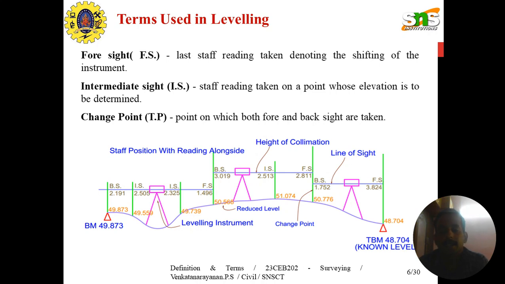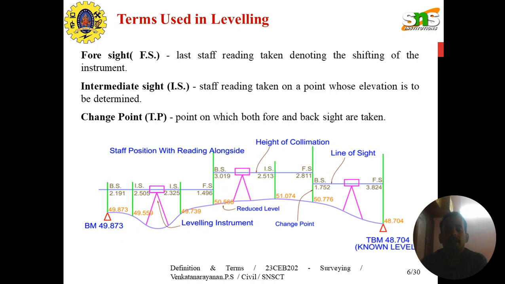Foresight is the last leveling staff reading taken either before changing the position of instrument or when the work is completely done. Next is intermediate sight. The staff reading taken on a point whose elevation is to be determined. It is the intermediate reading between backsight and foresight.